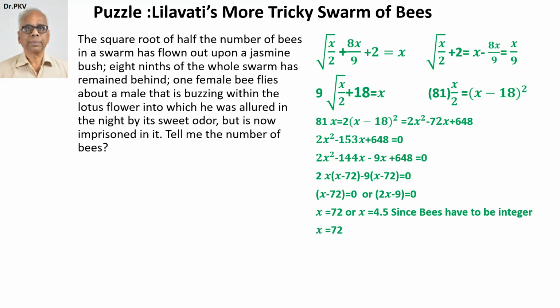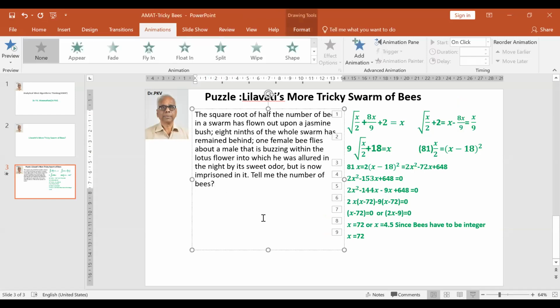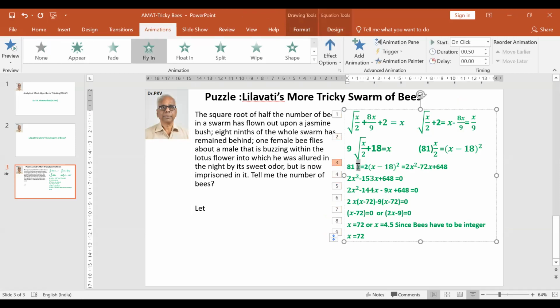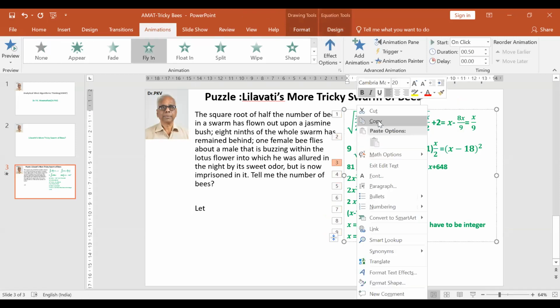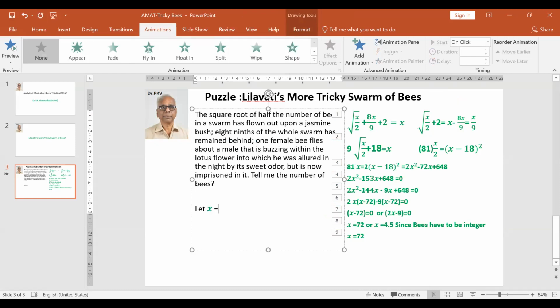And let me just put here one part that I write it here. For example, let X equal to number of bees, so that it's clear.